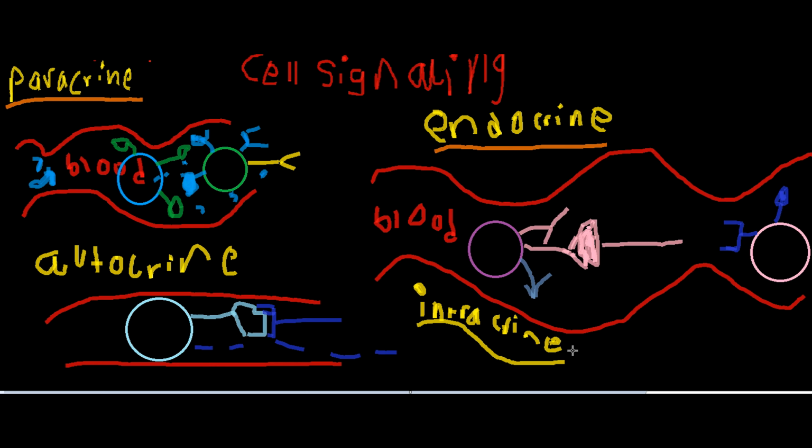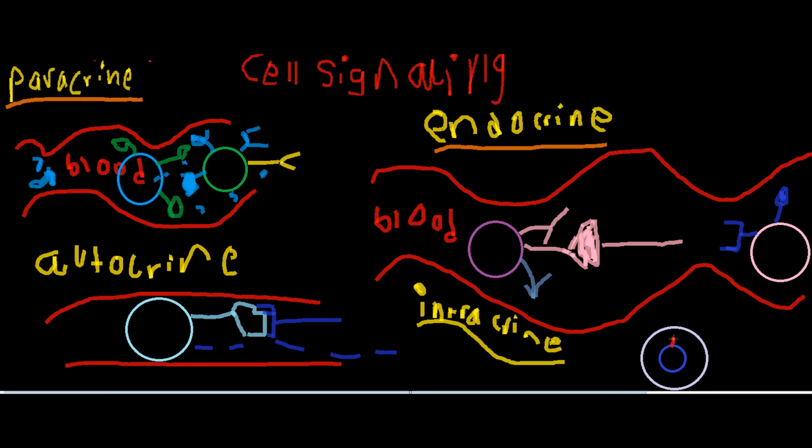And let's say it has a nucleus as well. Obviously all cells have nuclei, but let's take the nucleus into account. The nucleus also happens to have receptors, like any normal nucleus would.